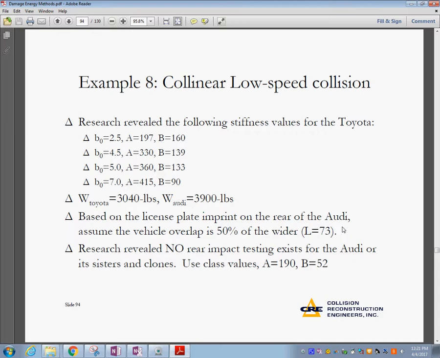Research revealed no rear impact testing exists for the Audi or its sisters or clones. So in this case, you can use class values. This is important because if you're in a deposition or trial, you could be asked whether your opinion is based on data that is flaky. And the defense attorneys are going to be very sharp about that.